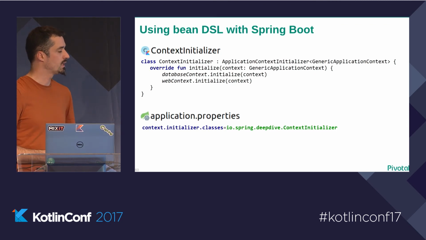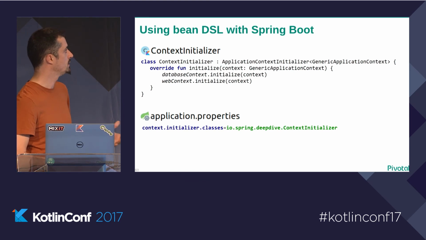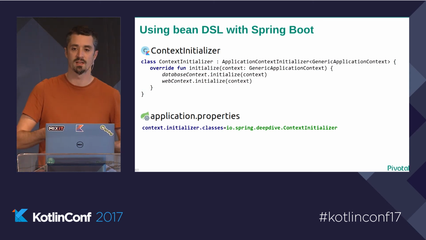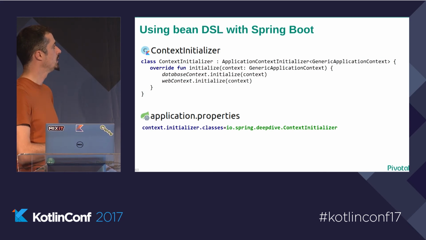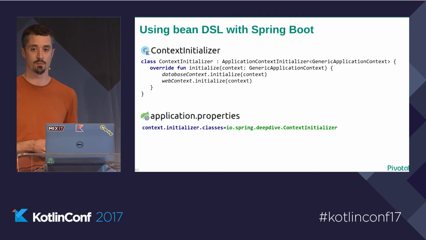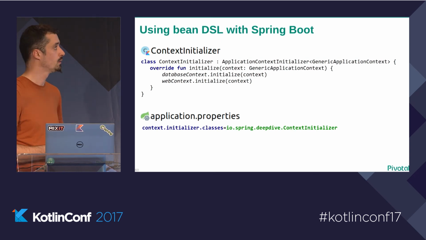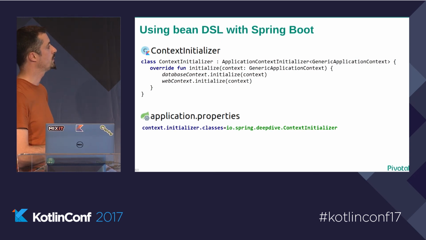So this bean DSL can be used standalone or integrated with Spring Boot. And with Spring Boot, the best way to use it currently, maybe we will make that easier later, but that's not super complicated. Basically, a bean DSL is an application context initializer, which is a type which existed before. And you just create a class calling the various bean DSL.